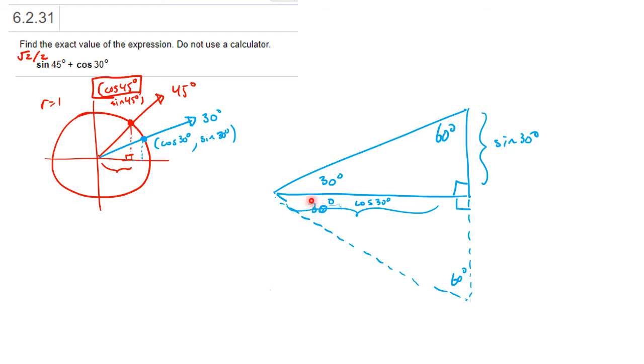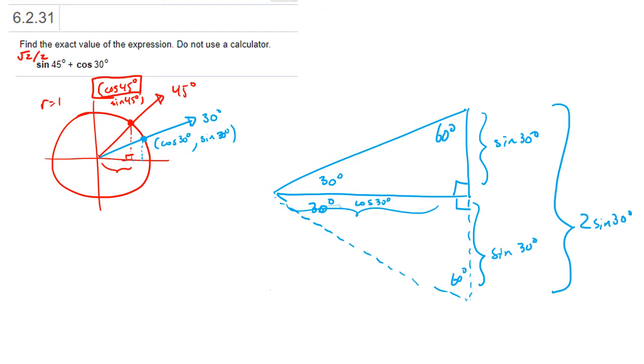It is in fact equilateral. So all sides must be of the same length. So what are the lengths of this big equilateral triangle? Well, the height of the original blue triangle was sine of 30, and this was just a reflection. So this is the same length, which means this right here is just 2 of them.